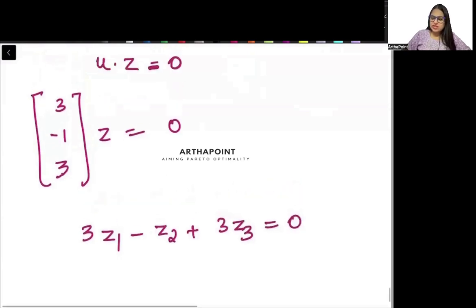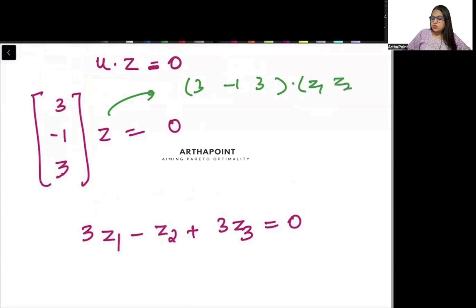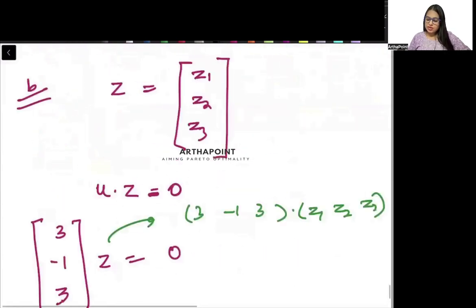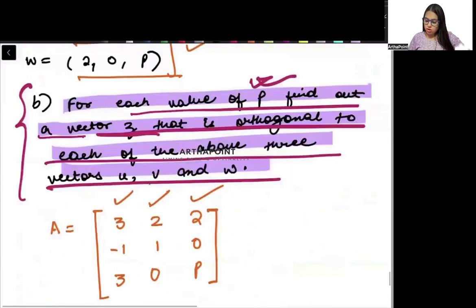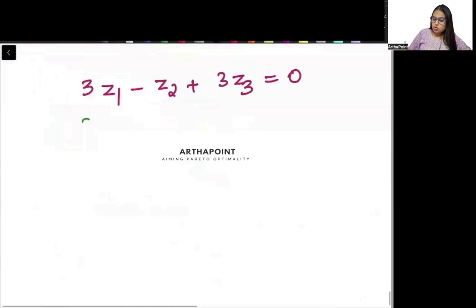If you want to represent this a little, you can do it like this: 3, -1, 3, we are taking its dot product with Z1, Z2, Z3, and that has to be equal to 0. Similarly, if it has to be orthogonal to this vector V, which is 2, 1, 0, then 2Z1 plus Z2 plus 0Z3 should be 0.